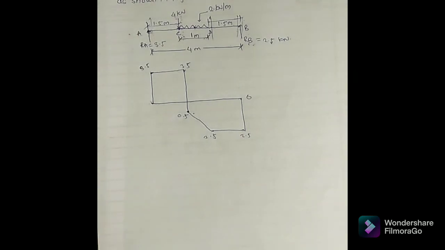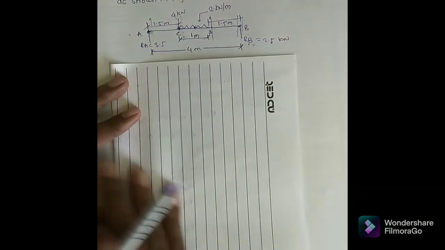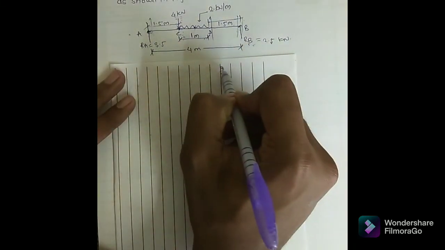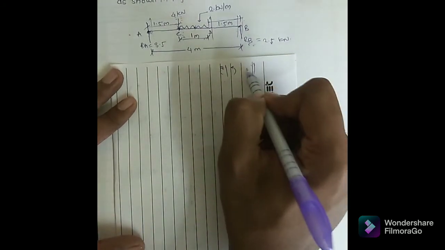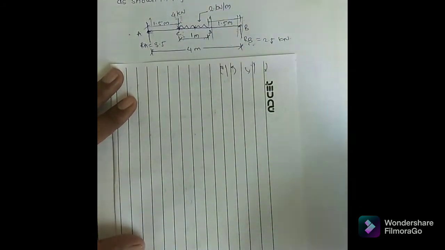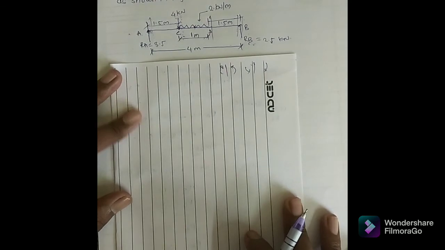Okay, so this is the way you can draw the shear force diagram. Now you can calculate the bending moment diagram also, that I will show you. Okay, so for bending moment, these are the sign conventions you have to consider.